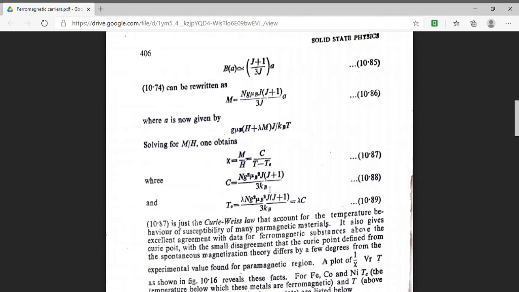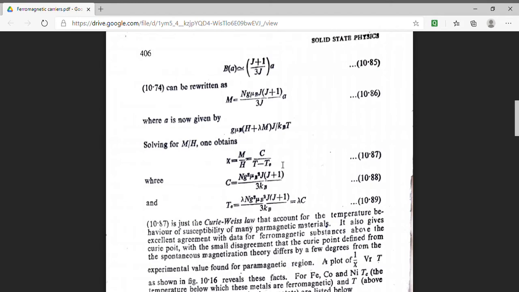This constant C is termed the Curie constant, and this temperature Tc is the Curie temperature, which can be expressed as lambda multiplied by C. This is chi equal to C upon T minus Tc. This is known as the Curie-Weiss law, and it gives the variation of susceptibility with temperature for paramagnetic materials.